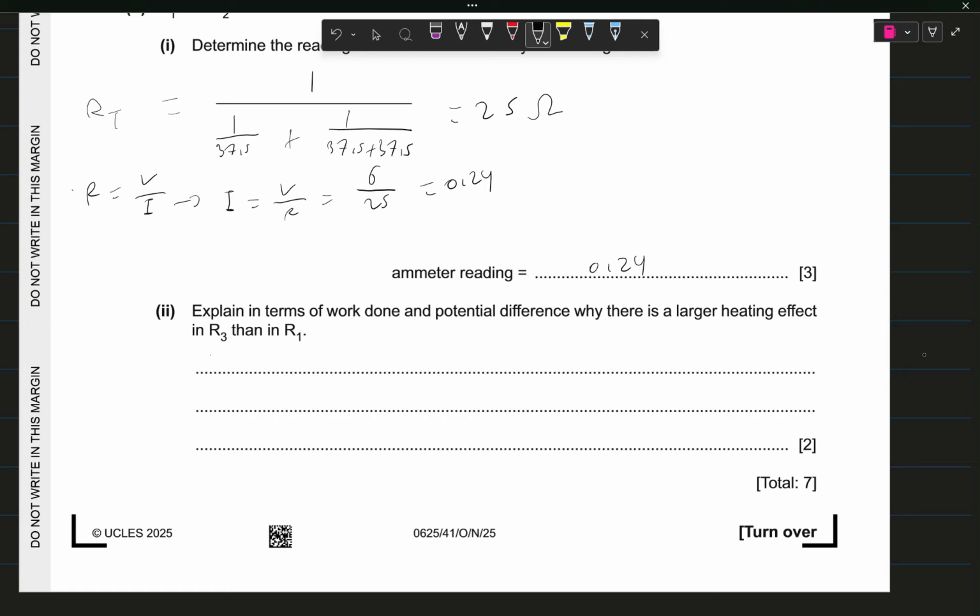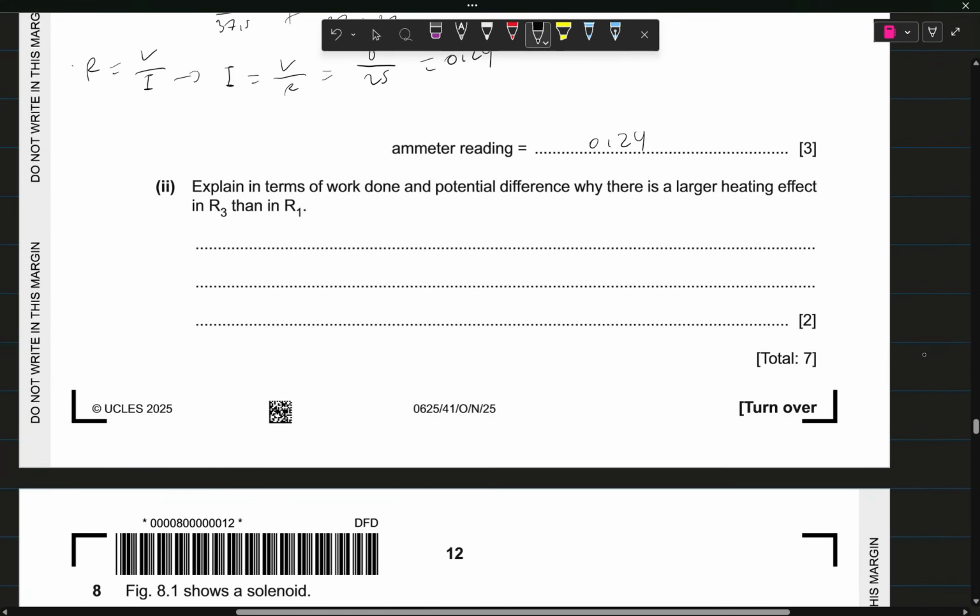So that would be our points. I'd like to make it in point form because I see that's easier. Though for this specific case, I'll just write it as 1 because it's quite short already. So, potential difference, or like the voltage, in R3 is higher than R1.